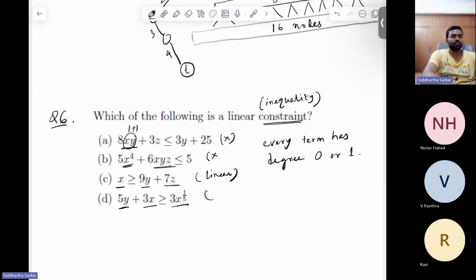Let me verify what I said. The function has to be linear, okay?